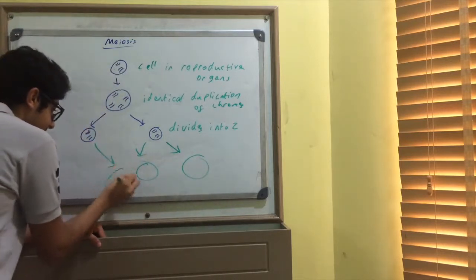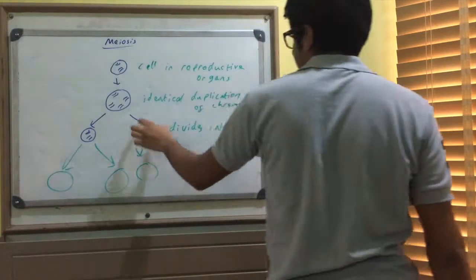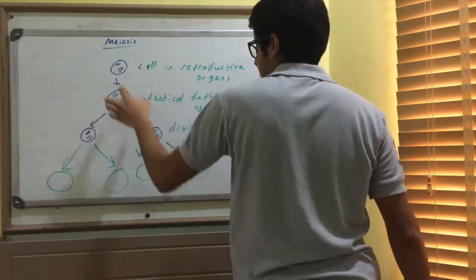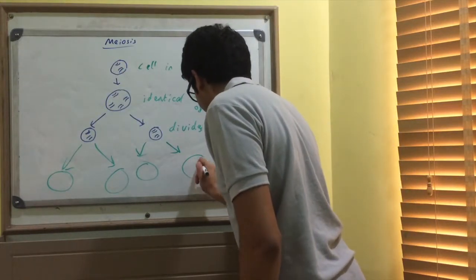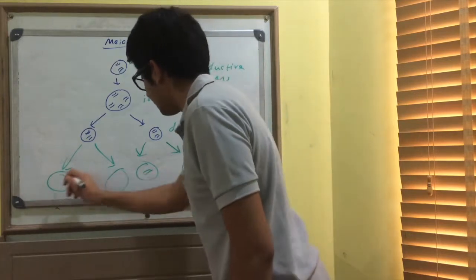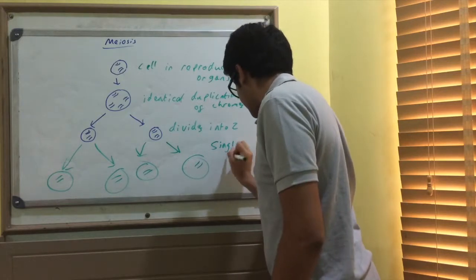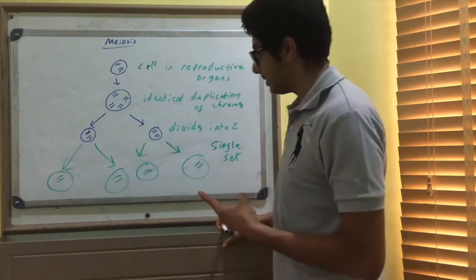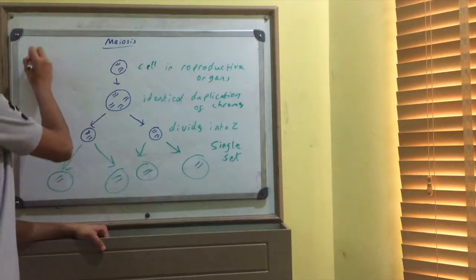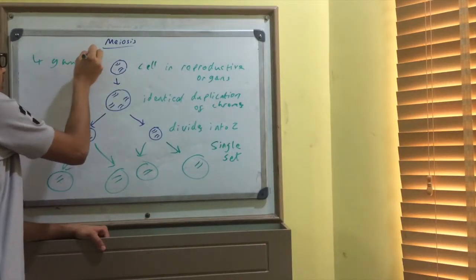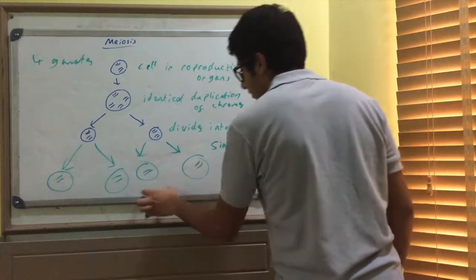And because they divide again, they do not contain the full set of chromosomes as the original. They contain half. And so they contain only a single set of chromosomes. And as you can see, 4 gametes are formed, 4 sex cells, each with a single set of chromosomes.